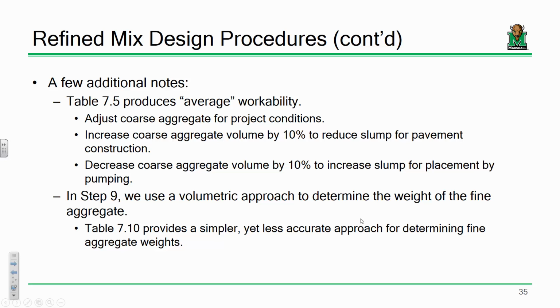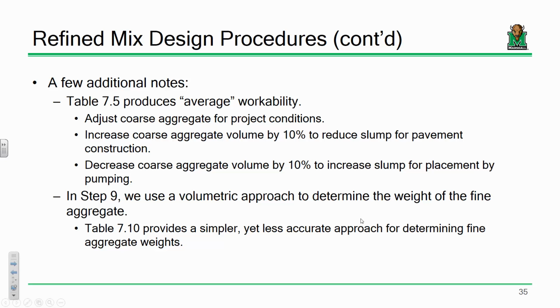So you would essentially increase the coarse aggregate to reduce your slump, or decrease the coarse aggregate to increase your slump. So really what you should be doing is adjusting your coarse aggregate for workability, not your water. But it's just something to keep in mind.